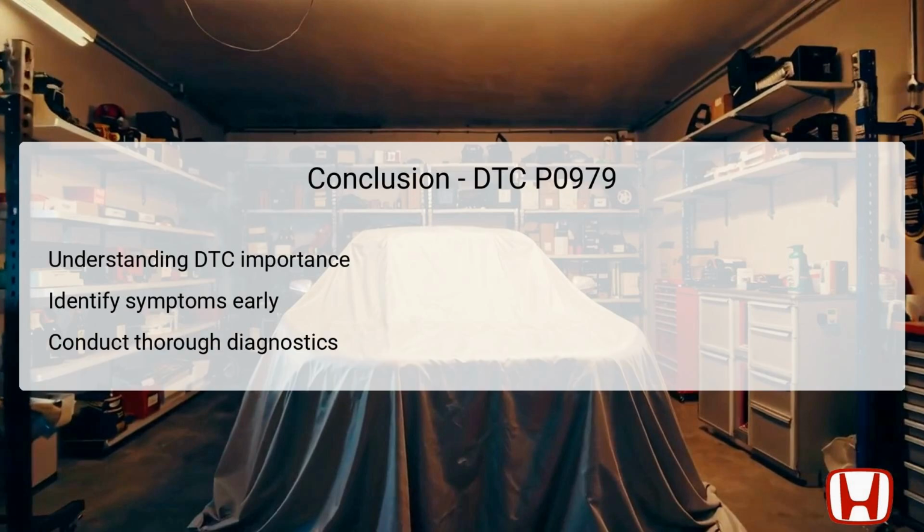In conclusion, understanding DTC P0979 and its implications is essential for maintaining the performance of the Honda Accord models between 2012 and 2017. Recognizing the symptoms associated with this code, such as the illuminated MIL and blinking AT gear indicator, allows for early intervention that can prevent further damage.